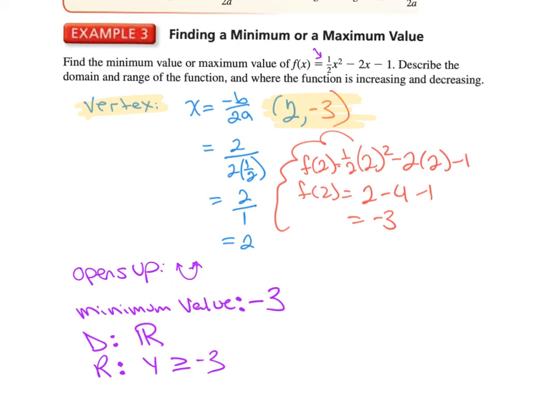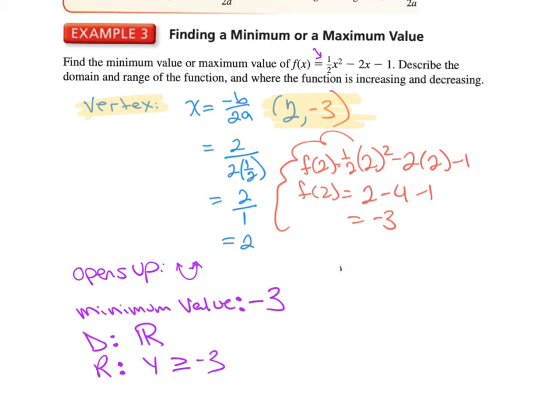Now we talk about increasing and decreasing. Thinking about what opening up looks like, it's going to decrease to this x value, which is 2, and then increase again. So let's write that down.